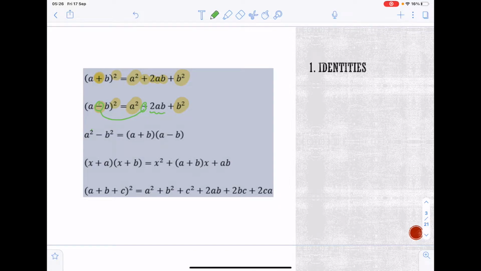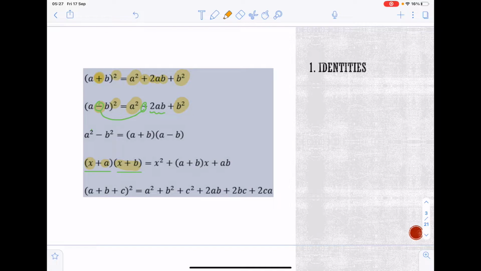Now, if we have (x plus a) times (x plus b), we have to distribute this x to the whole polynomial, then distribute the second number to the whole polynomial.